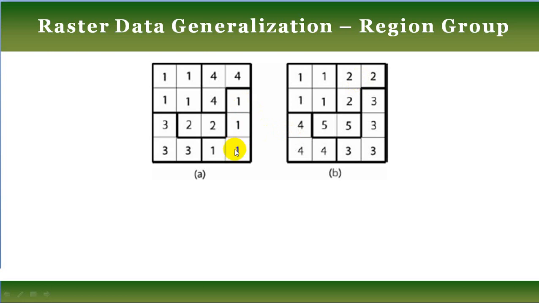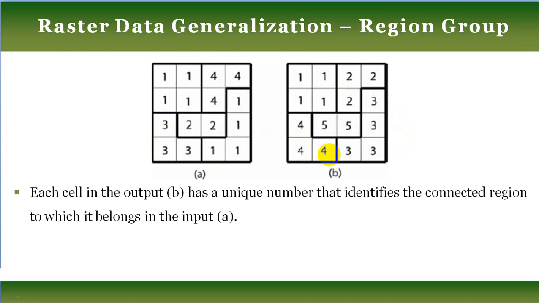Those 4 ones are connected, so they are assigned a new value 3. Those 2 of the same value are connected, assigned new value 4. So in this way, each cell in the output B has a unique number that identifies the connected region to which it belongs in the input A.